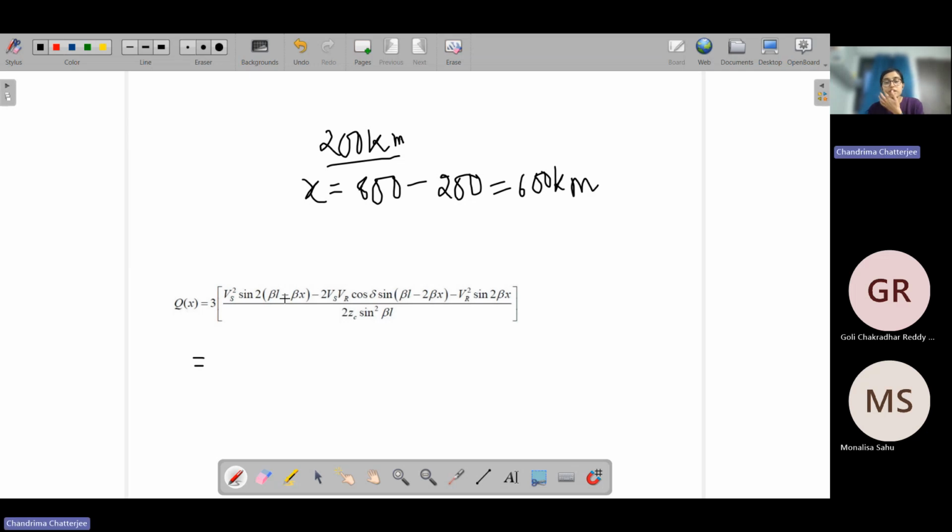The beta value, L is 800. And ZC, all these things we already know. And yeah, so VS and VR, they are equal because the line is symmetric.